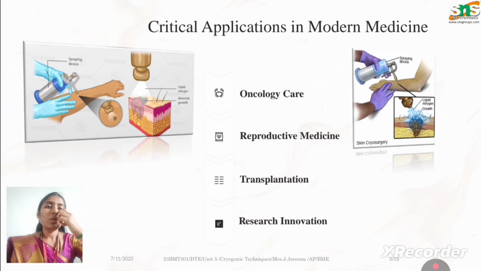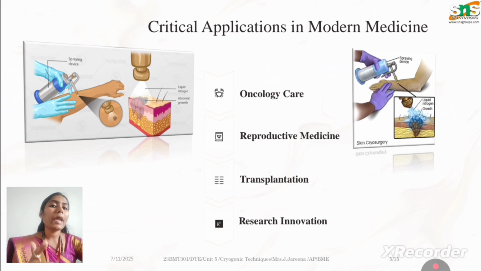Now let's see where cryogenic technique application is mainly focused. First one is oncology care. In oncology care, the same cryogenic techniques can be applied to destroy the cancer cells. Second one is reproductive medicine, where you can use it to preserve sperm or egg cells to carry out reproductive procedures or treatment.